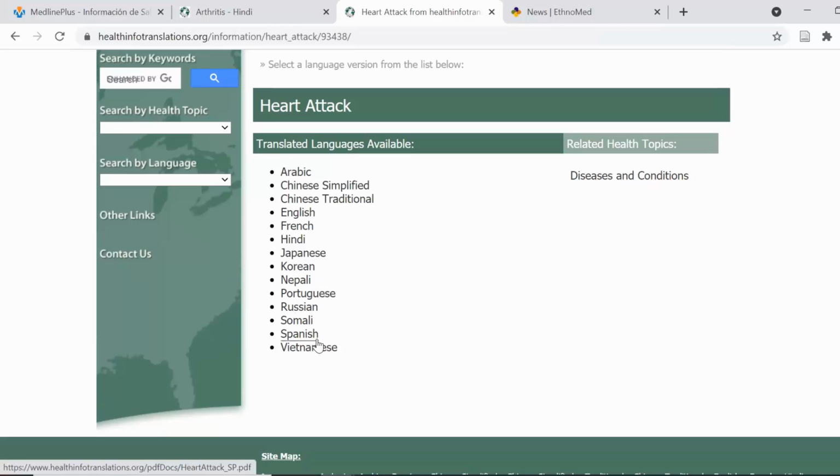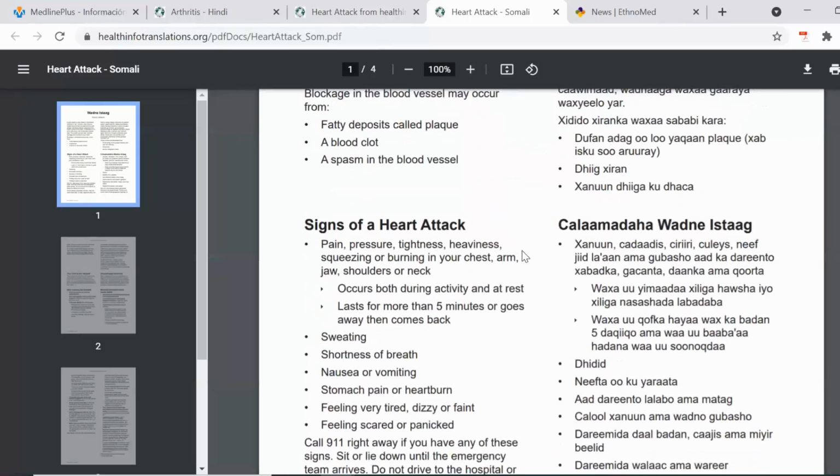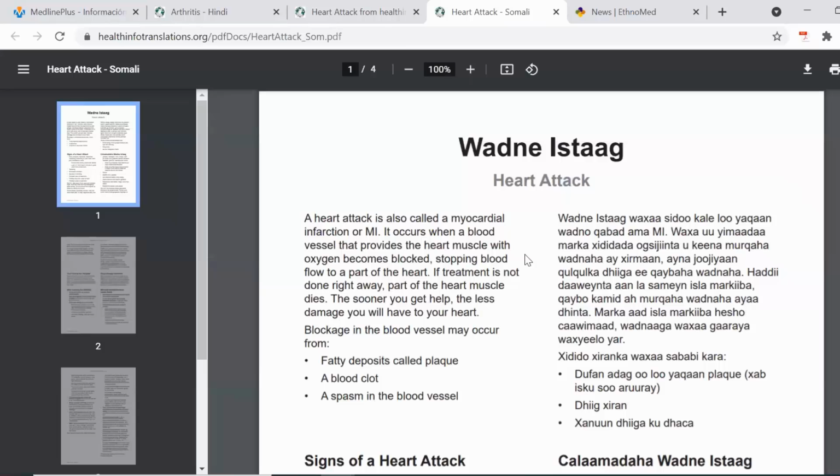So say I was interested in maybe Somali. You can find all this information provided in Somali, or at least the native language of Somali, for heart attacks. And again, similar to MedlinePlus, you get to see this comparison, so you can actually work with your patient with this material and be able to actually talk about it rather than having to try to figure out what is being spoken here.